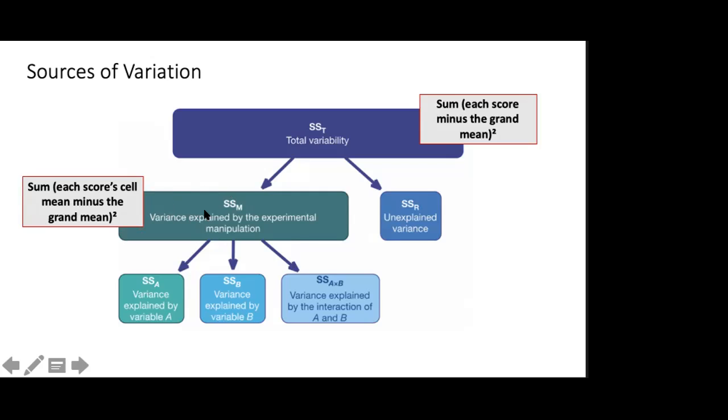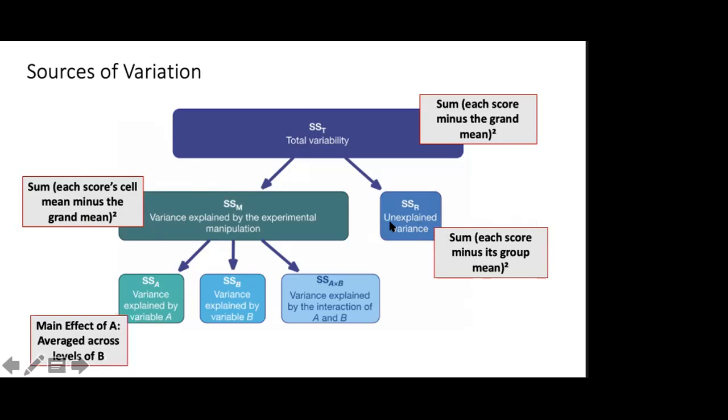For example, if I'm a student with a hangover sitting in a neuroscience class, then the mean in that cell applies. So it is each score's cell mean minus the grand mean, squared and summed up. Our unexplained variance is each individual score minus its corresponding group mean, squared and summed up.